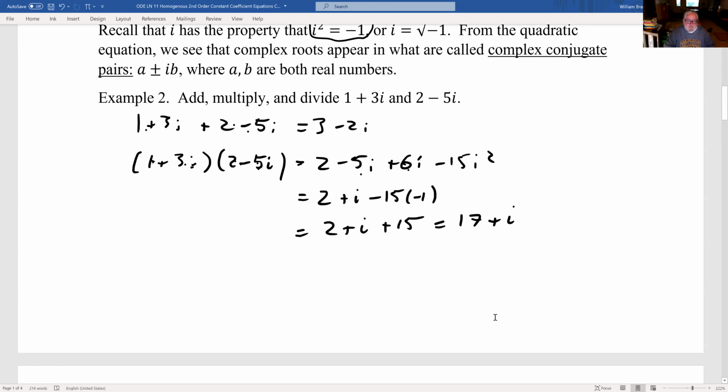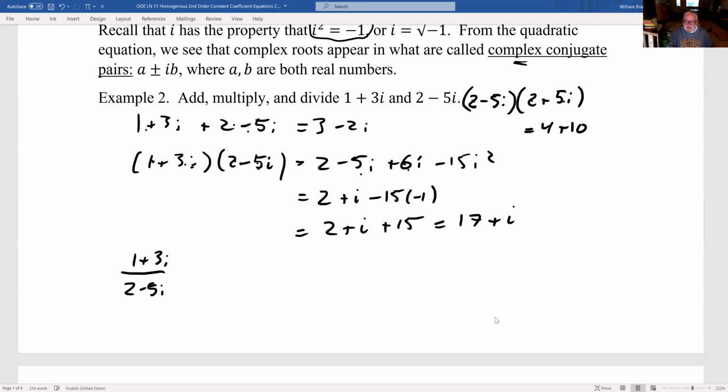So what about 1 plus 3i over 2 minus 5i? Well, we use a very nice fact about complex conjugates. What is 2 minus 5i times 2 plus 5i? It's complex conjugates. 2 times 2 is 4. 2 times 5i is plus 10i.